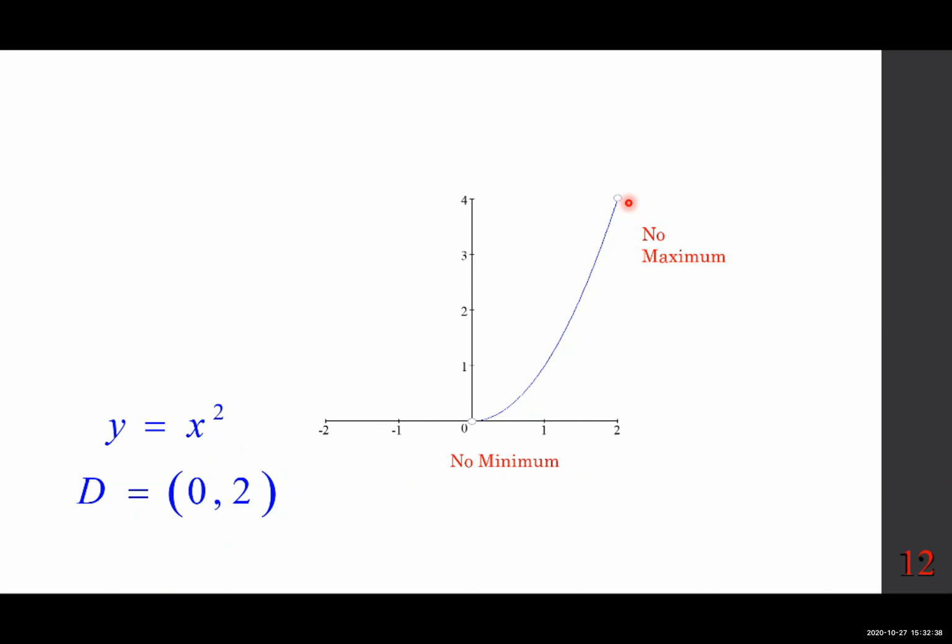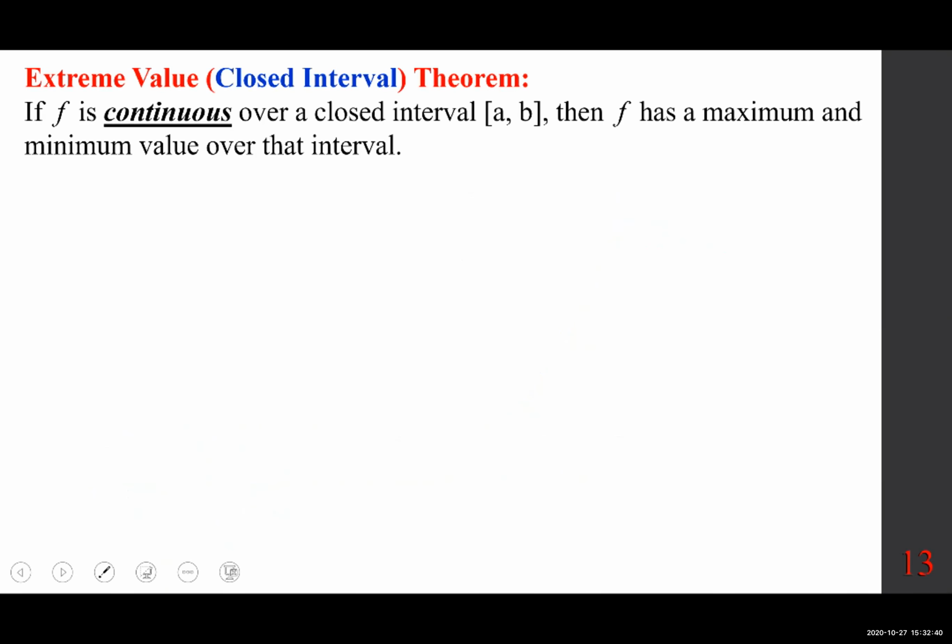All right, we have something called the extreme value or closed interval theorem. If you happen to have a continuous function, continuity is the key, and you happen to have a closed interval, then f has a max and minimum value over that interval. So we must have absolute max as well as absolute min. So take a look at what happens here. Absolute max, absolute min.